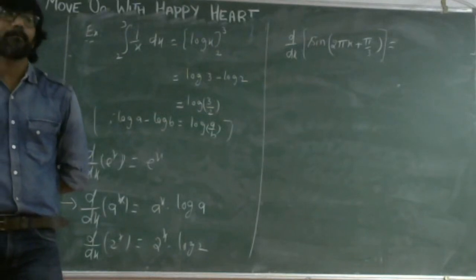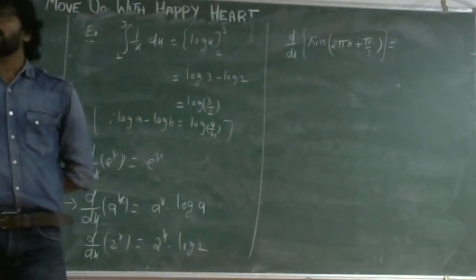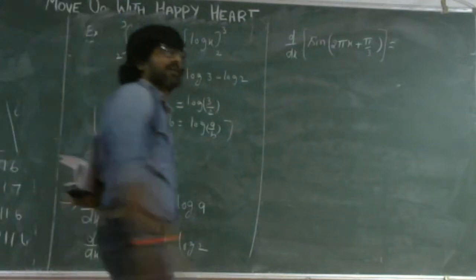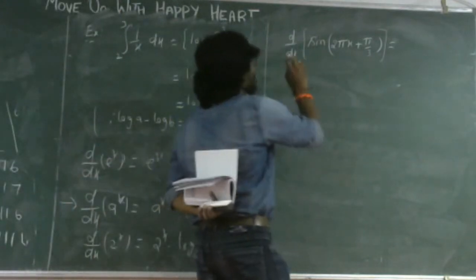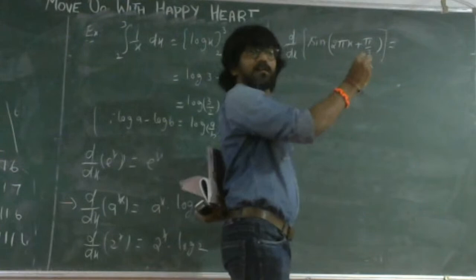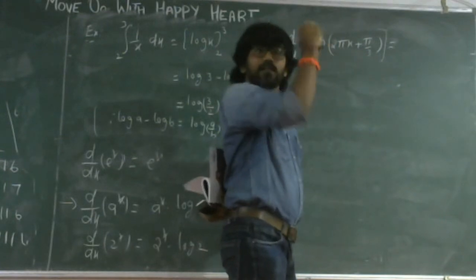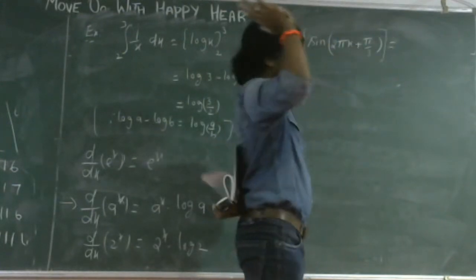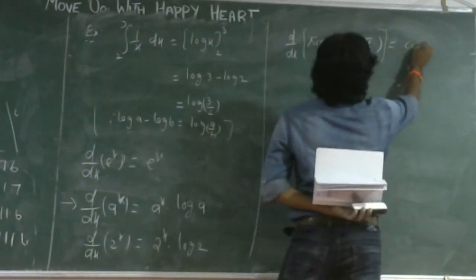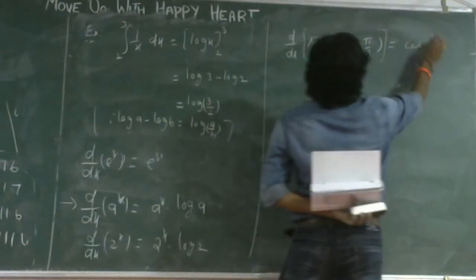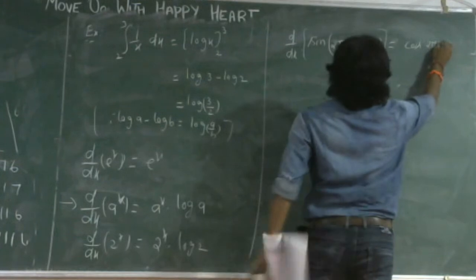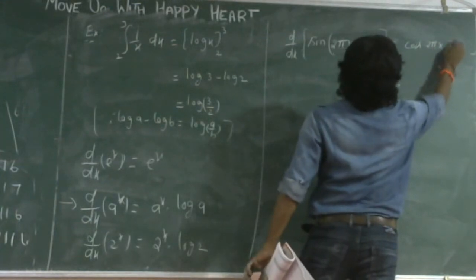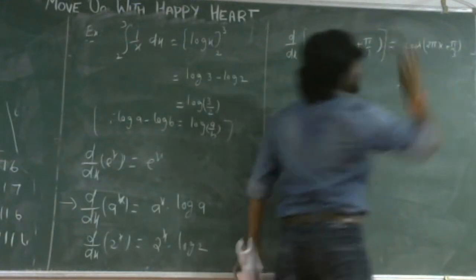What rule? Chain rule. According to chain rule, d by dx of sin, whatever may be inside, is cos of the entire thing as it is: cos of 2 pi x plus pi by 3.